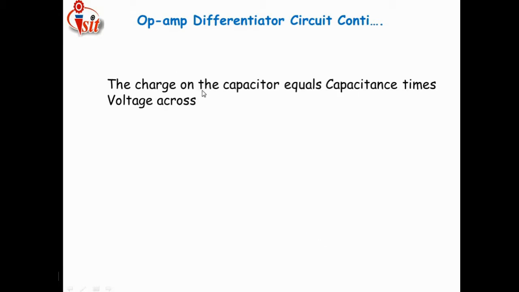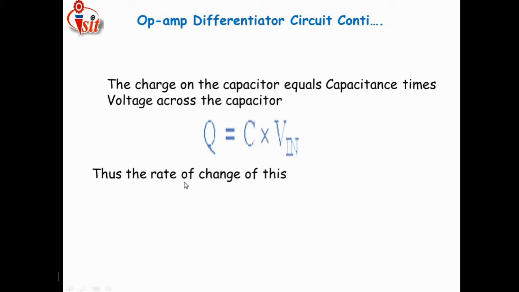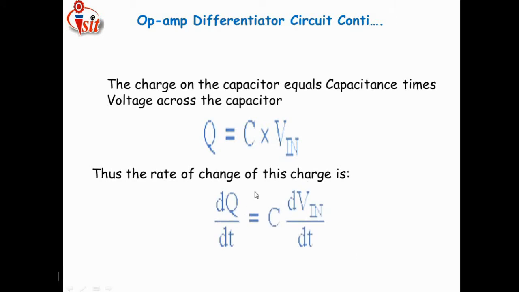Along with this, the charge on a capacitor equals capacitance times voltage across the capacitor, by using the formula Q is equal to C into V in. Thus, the rate of change of this charge is given by d by dt of Q. That means taking the differentiation of the above equation, we get d by dt of Q is equal to C into d by dt of V in.